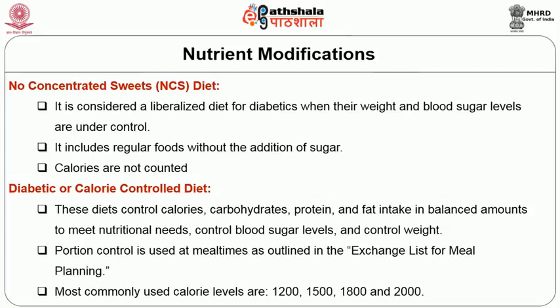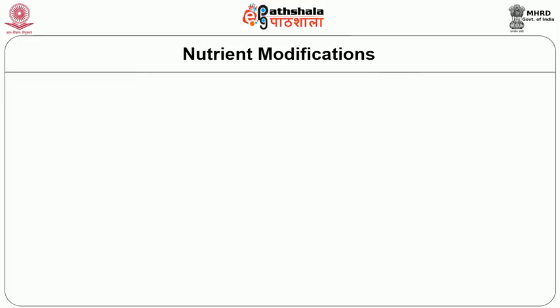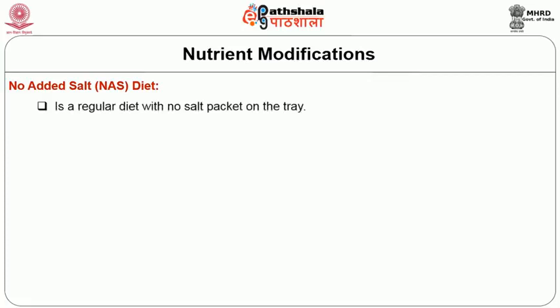Now, when we move on to the next type of diet, which is the no added salt diet, which we usually call the NAS diet. It is a regular diet with no salt packet on the tray, and food is seasoned as regular food with no extra salt on the table.